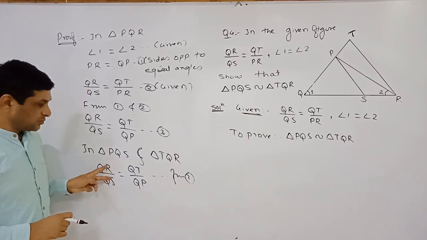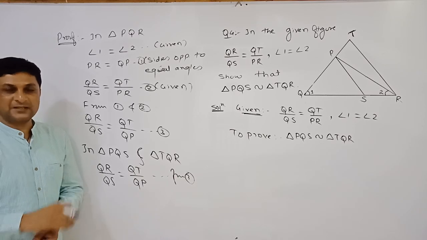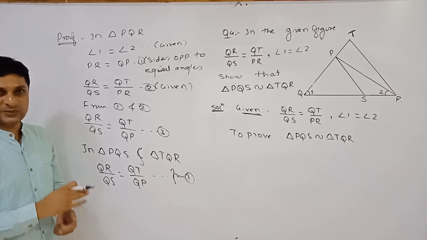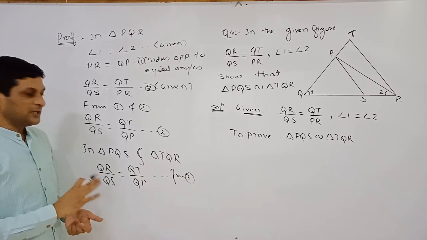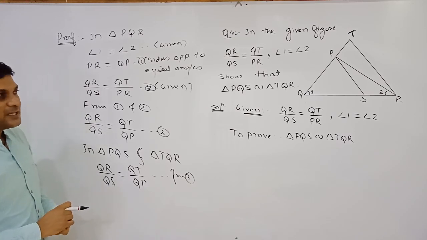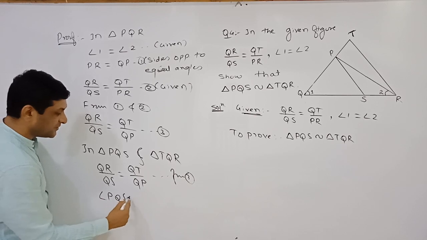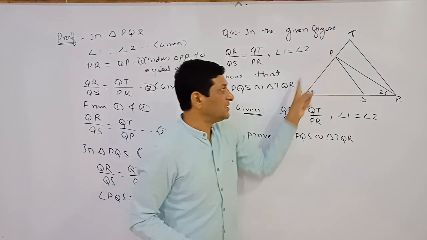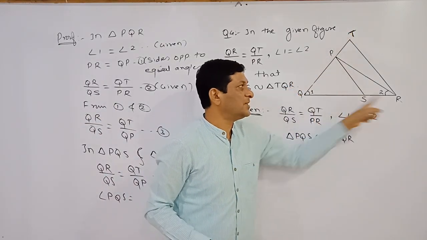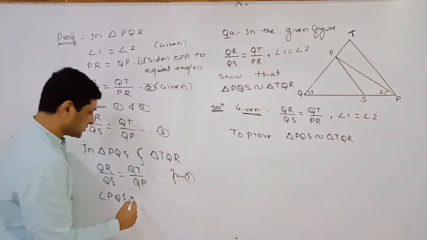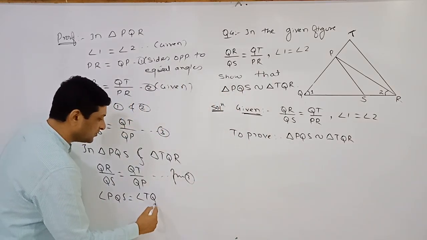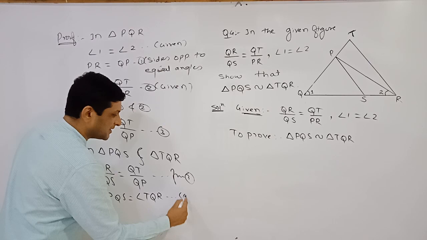So we have proved that two corresponding sides of the triangles are in proportion. And again, which angle is equal? Angle PQS will be equal to angle TQR. It is nothing but the common angle.